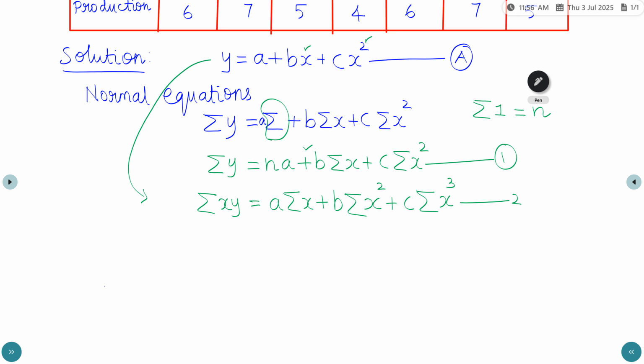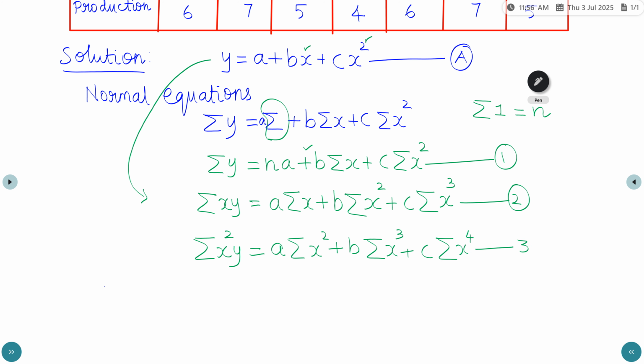So this is the second normal equation. Similarly, multiply equation A by x squared, that is summation x squared y equal to a into summation x squared plus b into summation x cube plus c into summation x power 4. This is third normal equation.